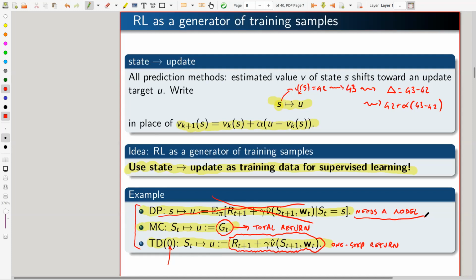I'm not a mathematician, but the second one looks very different from the other one, also because the total return is calculated, let's say, in a deterministic way by exploring all the states, maybe. What do you mean by deterministic? I mean, I have to go till the end to find the total return of a state.